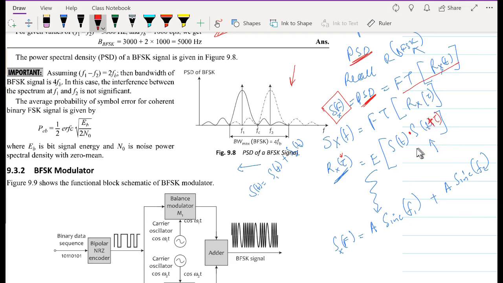The autocorrelation function simply says that when you multiply a signal with itself at a different time, that gives you the expected value. So one of them is going to be characterized by f1, and the other one is going to be characterized by f2. And therefore, when you perform the Fourier transform of this expected value, it shows that one is going to be a sinc function centered at f1, and another sinc function centered at f2.